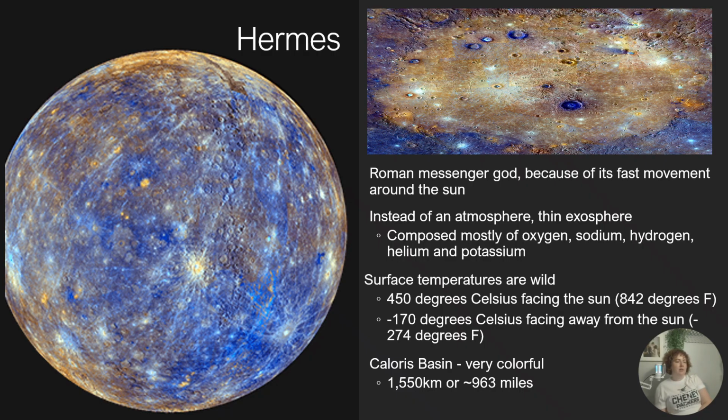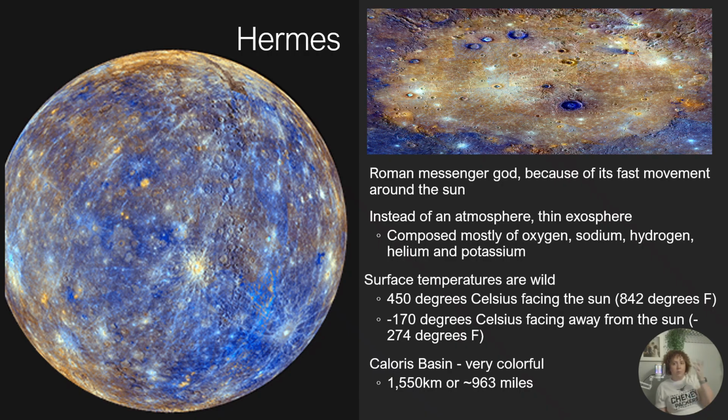So instead of an atmosphere on Mercury, it has a very thin exosphere, composed primarily of oxygen, sodium, hydrogen, helium, and potassium. The issue with this exosphere is that when it is facing the sun, it essentially gets burned away because it is just so stinking hot.